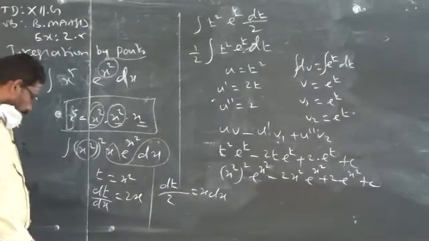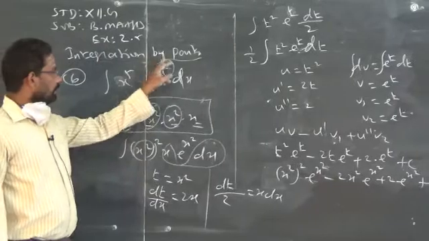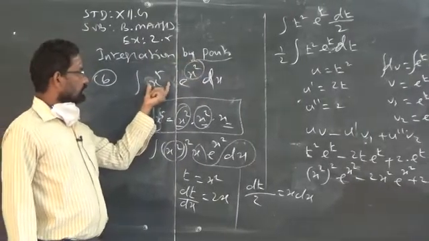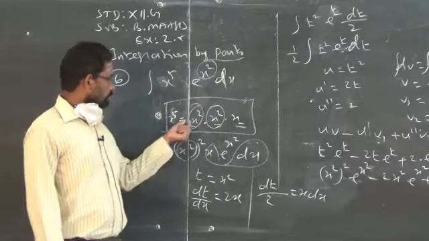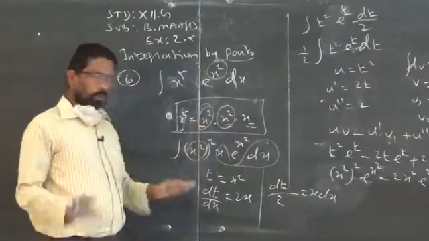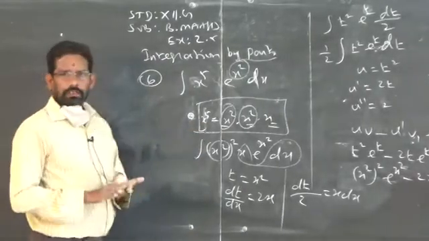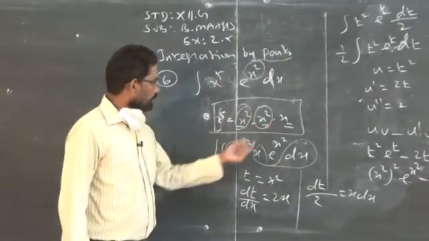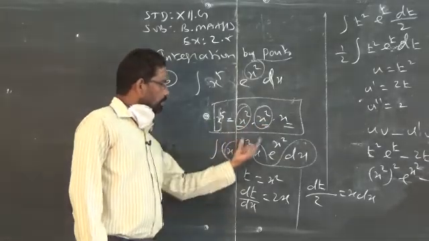Clear? If there is any question like this, you see the power of e is x square, so try to express that algebraic expression in terms of x square. The only possibility is x square into x. You do not have any other possibilities. Just express x power 5 as x square into x, with x square repeated 2 times, so that can be written as x square the whole square.